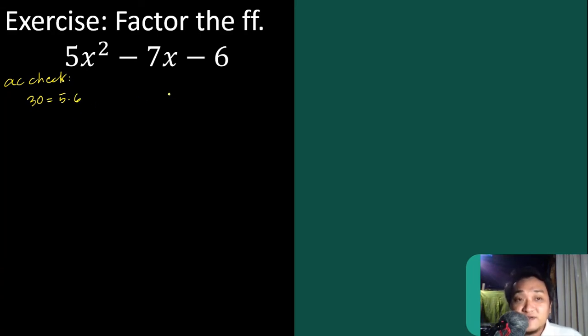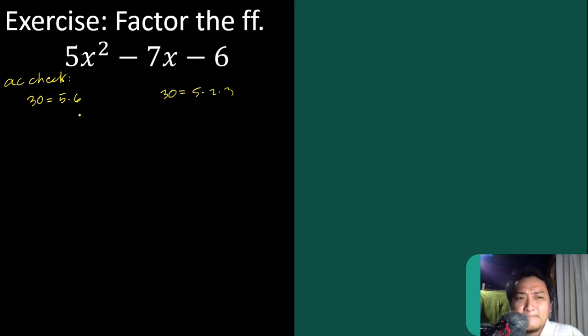And then let us identify further, if it is necessary, the prime factors of 30. For what purpose? For us to find the other pair of factors of 30. So the prime factors of 30 are 5 times 2 times 3, taken from 5 times 6.